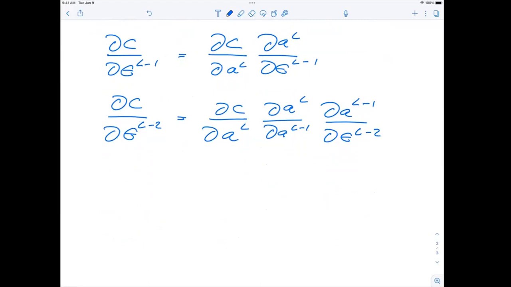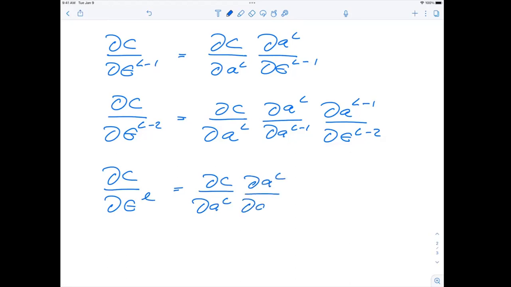And the general expression then, when we look at a specific derivative for the unknown parameters theta, which we want to update for a specific layer lowercase l, would now be given by dC/dA of L, and then I would have dA L minus 1, dA L minus 1, dA L minus 2.